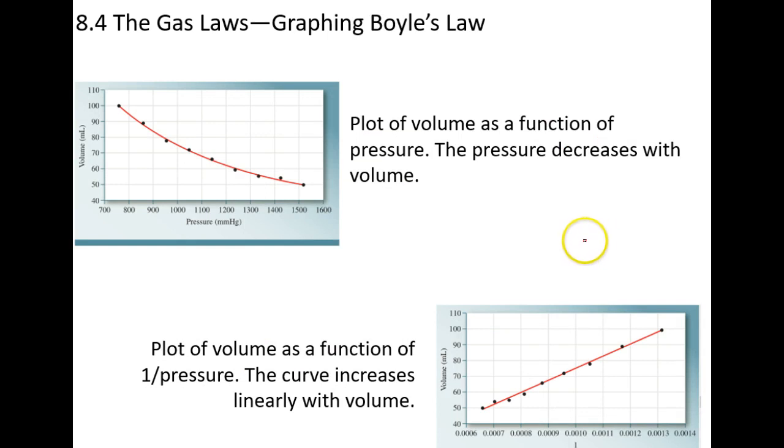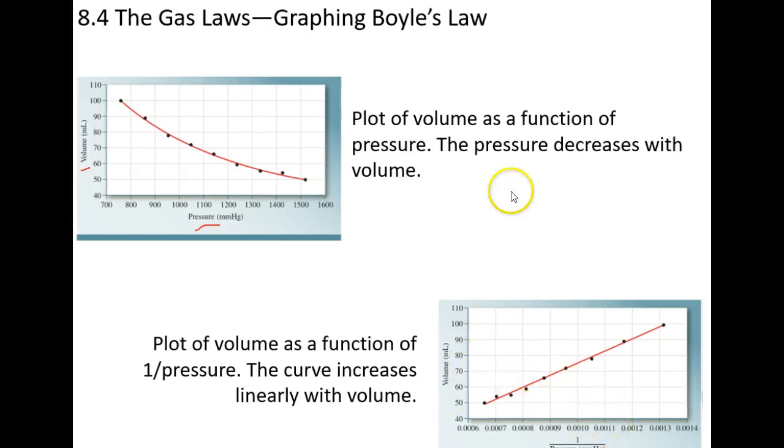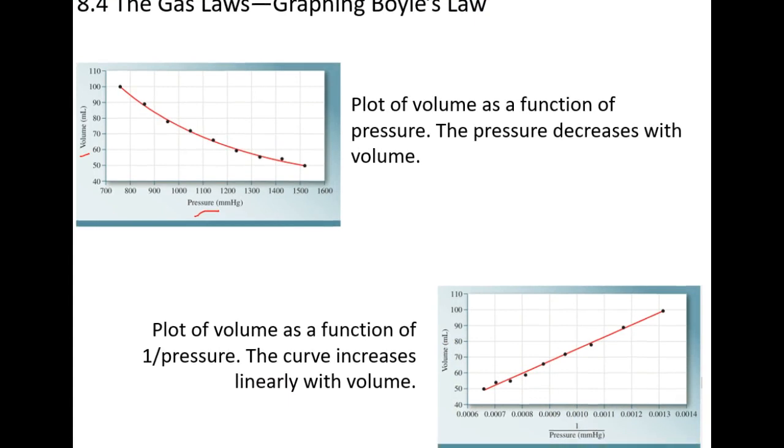Now in lab, either we've done the lab already or we will be doing the lab where we actually do a Boyle's law experiment, and you're going to get points where you have volume versus pressure, and it's going to be kind of this graph. But then you're going to change on the software to graph 1 over pressure.